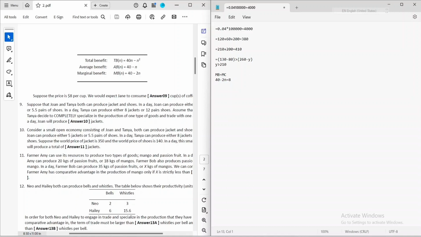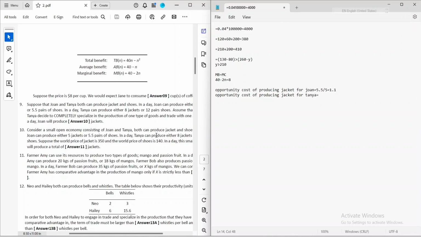So what is the opportunity cost of producing jacket for John? It is 5.5 divided by 5, right? So this is 1.1. And what is the opportunity cost of producing jacket for Tanya?